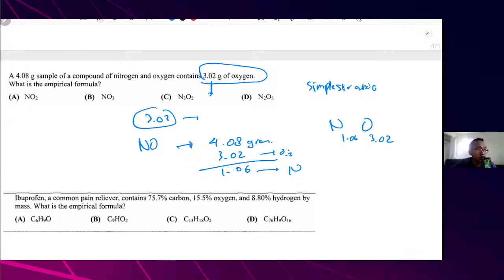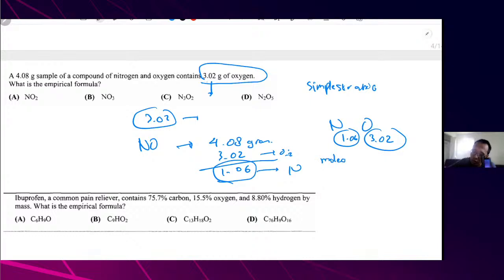Based on this formula, we need to convert grams to moles first. This is the gram of nitrogen, this is the gram of oxygen. So how to do that?